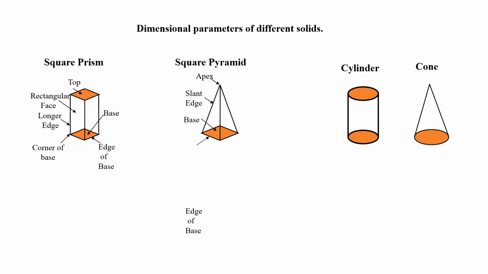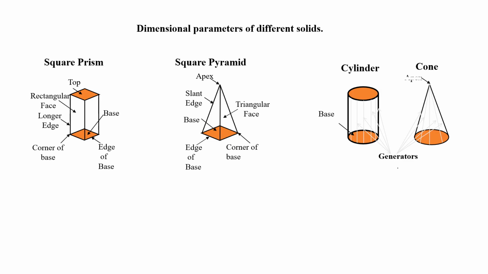This is the base, edge of base, corner of base, triangular face. These are the words we regularly use in examples. That's why we see these dimensional parameters. Next are the cylinder and cone. The cylinder and cone are made up of a number of imaginary lines. We call these the generators.